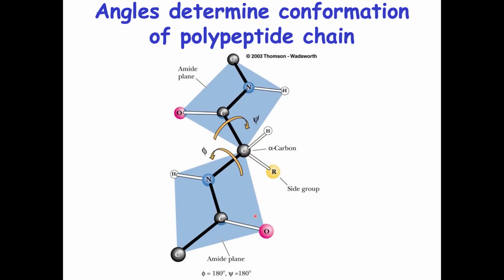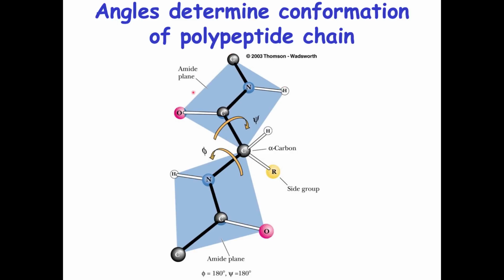So in this slide, we see that angles basically determine protein conformation. The shaded blue section highlights the fact that these bonds are planar and that there is no rotation around this nitrogen-carbon bond. So we see here the plane is formed by 6 atoms, 1, 2, 3, 4, 5, 6.